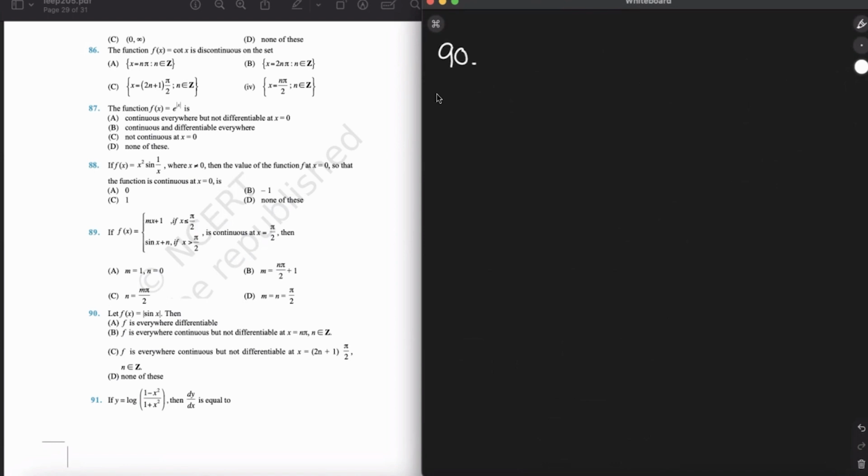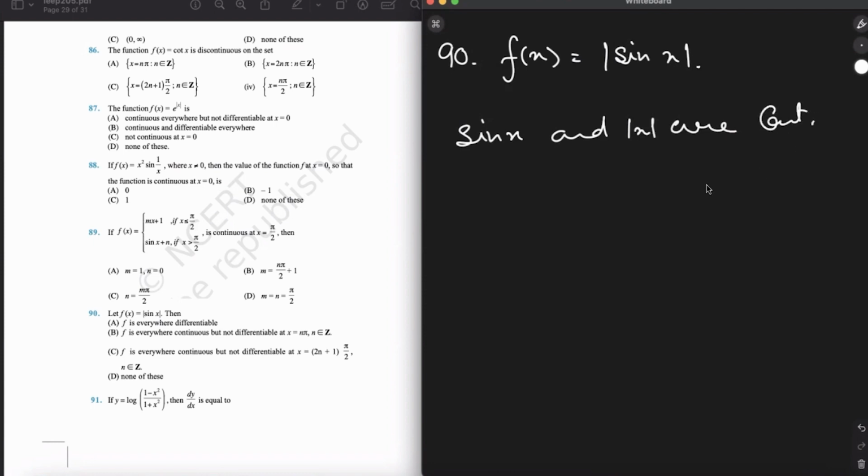So in question number 90, it has been given to me that the function f(x) is equal to mod of sin x. So then you have to just tell whether f is differentiable everywhere, somewhere, okay, let's see. Again the same logic. Sin x and mod x are continuous everywhere.